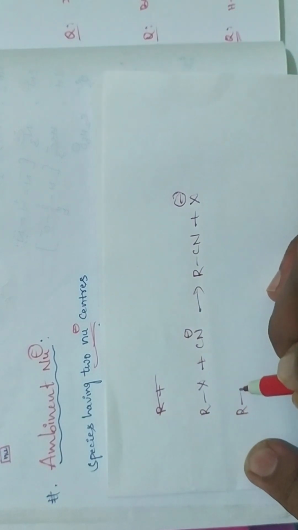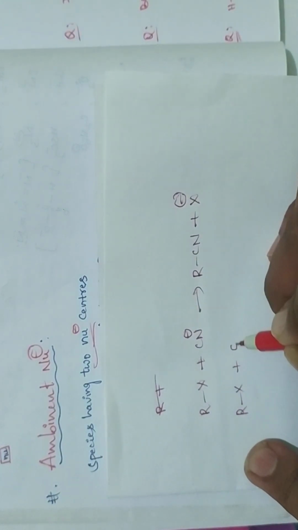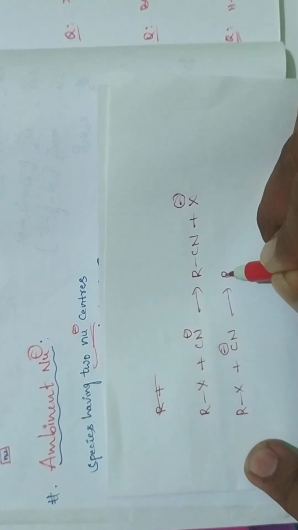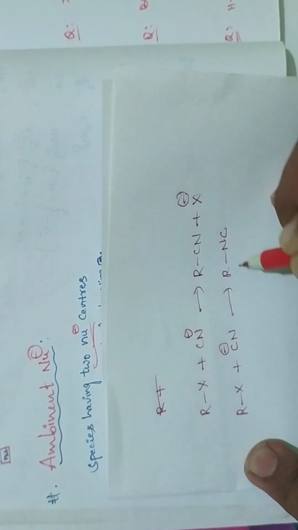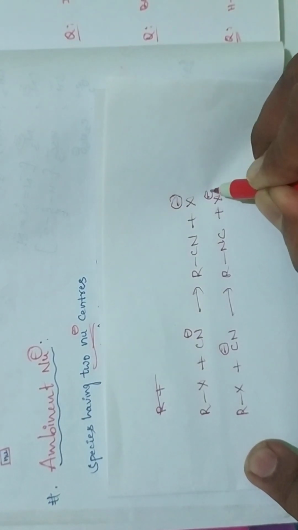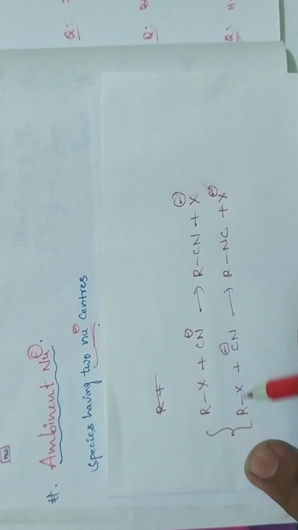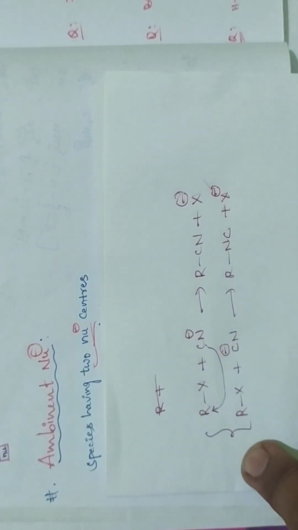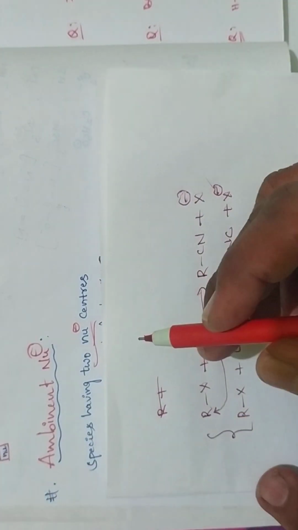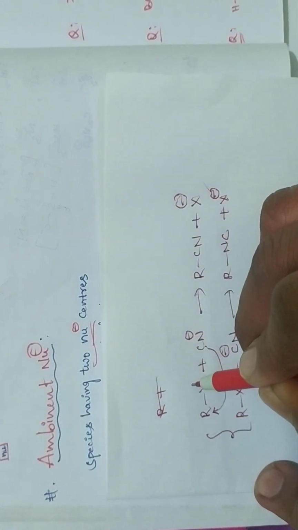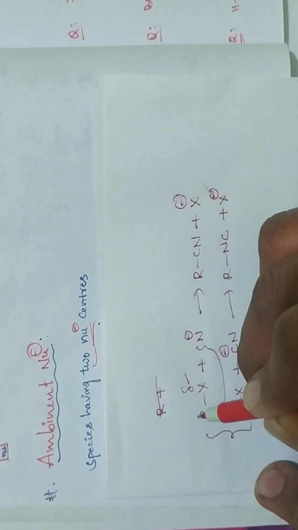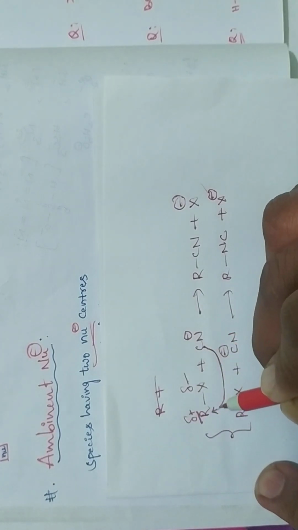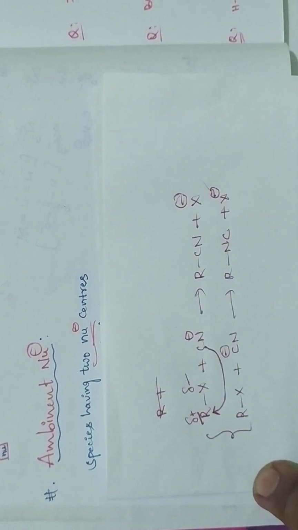In the same way, alkyl halides reacting with cyanide can also give RNC plus X minus. From these two, we understand that here carbon is donating the electrons to the alkyl group, because the carbon-halogen bond is polar. Halogen is electronegative, and this carbon is electropositive, an electron deficient center. So the nucleophile is donating the electrons to this low electron density site.